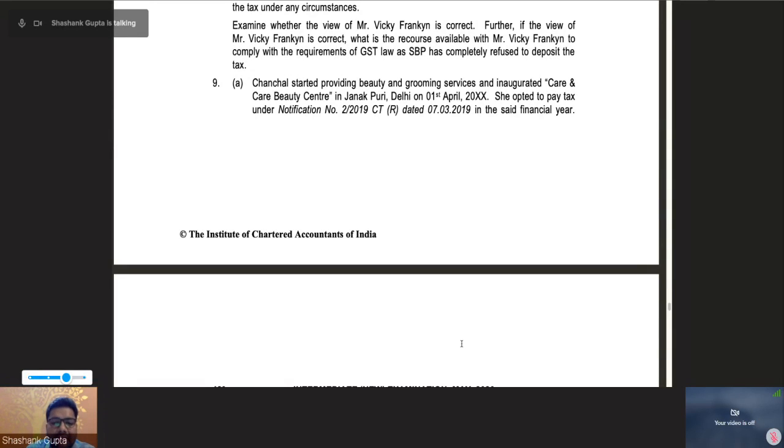So 3 lakh 60,000 plus 6% on 30 lakh, that would be 1,80,000. So this is the total amount which needs to be paid. That would be 5 lakh and 40,000.